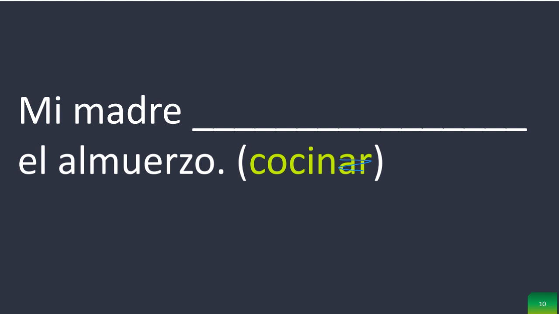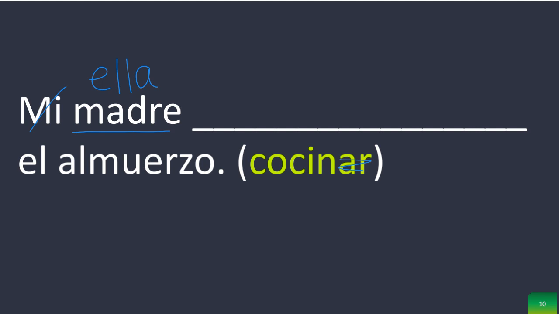We're going to look and see who our subject is. So be careful here, because mi is not our subject. Mi is just an adjective describing madre. So madre is our subject. So madre is like saying she, right? It's a lady and it's singular. So it's like having our subject as ella.